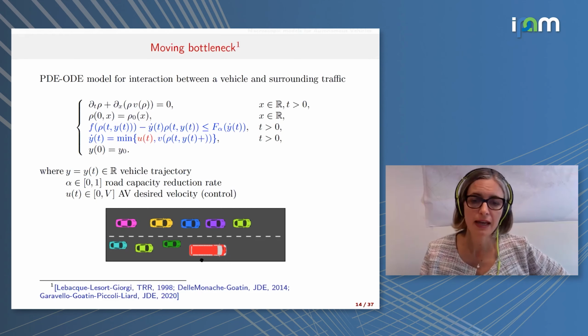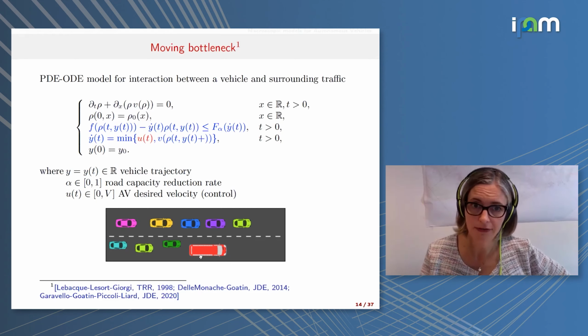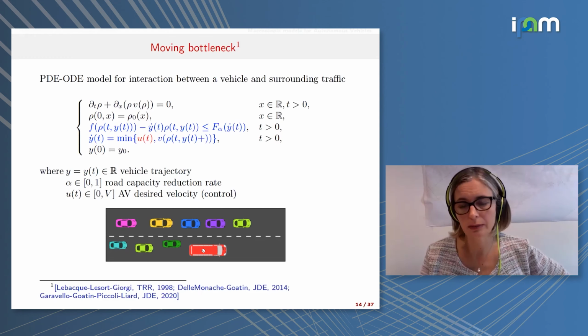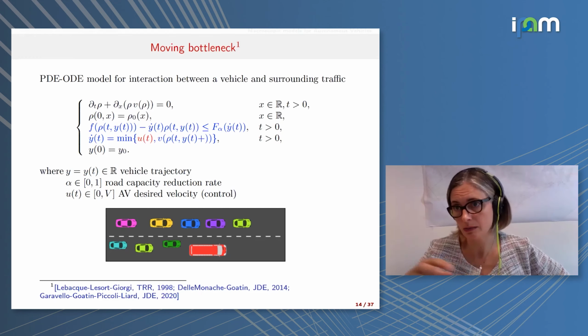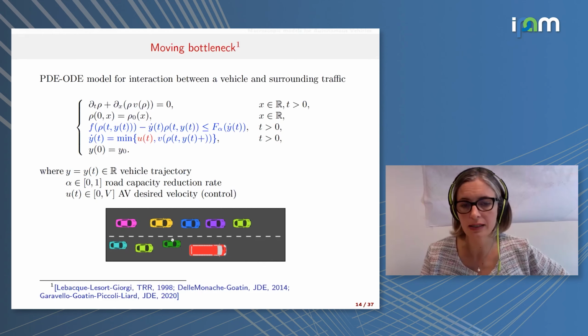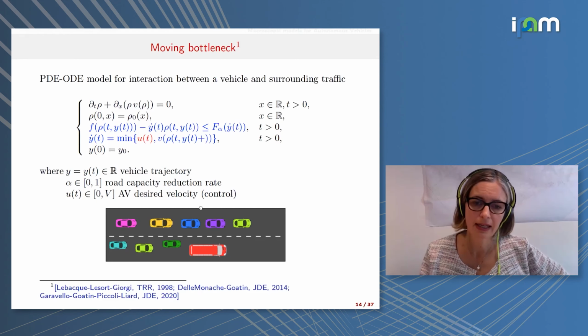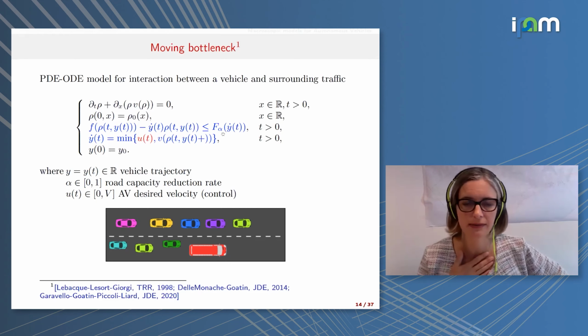But the vehicle is also acting on the traffic because it behaves like a moving bottleneck, because it's occupying one lane. So the cars behind it, if they want to pass, have to overtake it. This means that basically it is reducing the capacity of the road by a factor alpha that you can see here, and I will show you better in the next slide how it is taken into account.